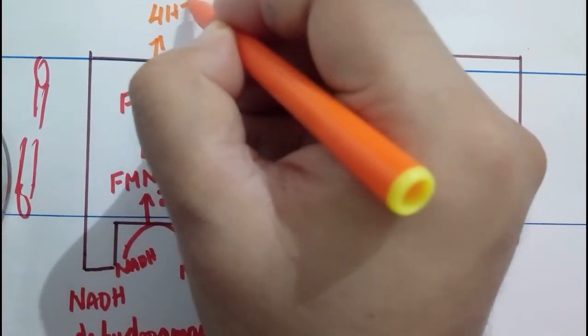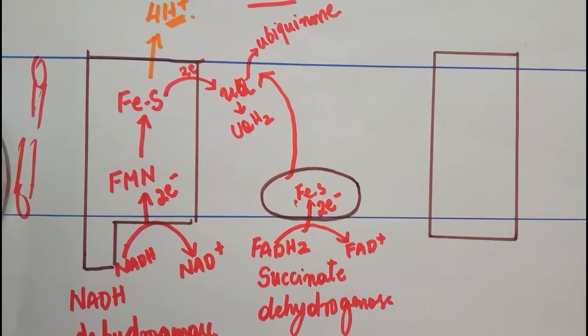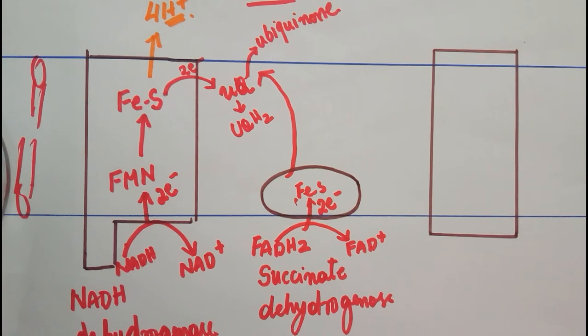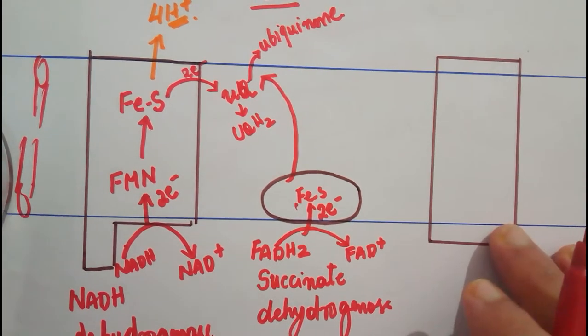So remember this. Four protons are moving from where to where? From the mitochondrial matrix into the intermembrane space. Now let us move forward.